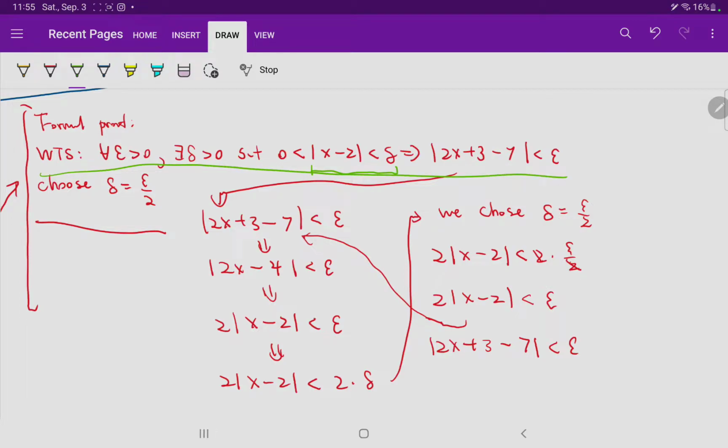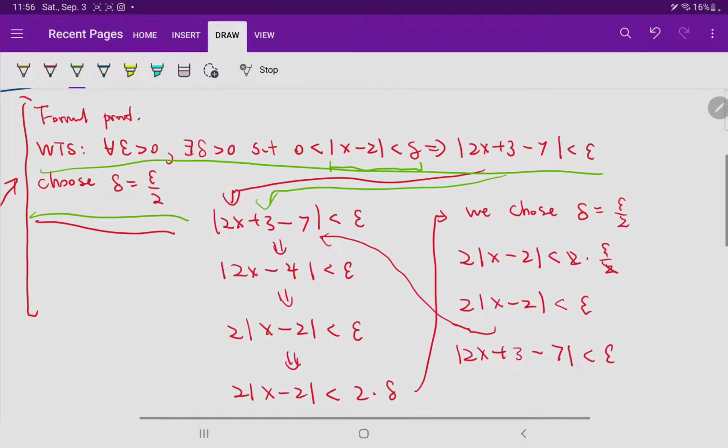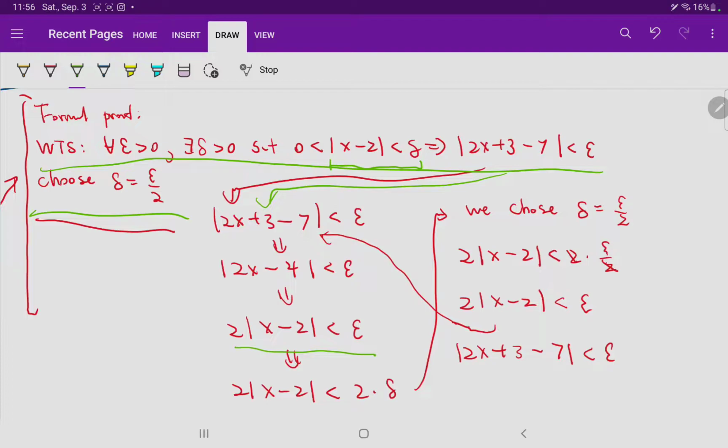We also write down our assumption that we choose delta to be equal to epsilon over 2. Then we start expanding our expression, and we lead to the conclusion that 2 times the absolute value of x minus 2 is smaller than epsilon.